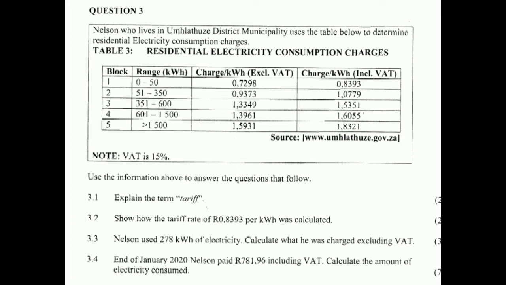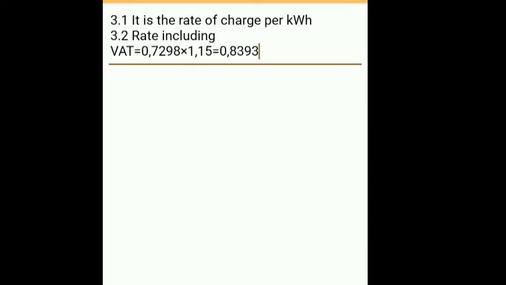Why 115%? The VAT is 15%. So when we add 100, which will equal 115%, we are actually adding the VAT. But if you want to do it the old school way, you can simply say 0.7298 multiplied by 15%, then you get the answer.